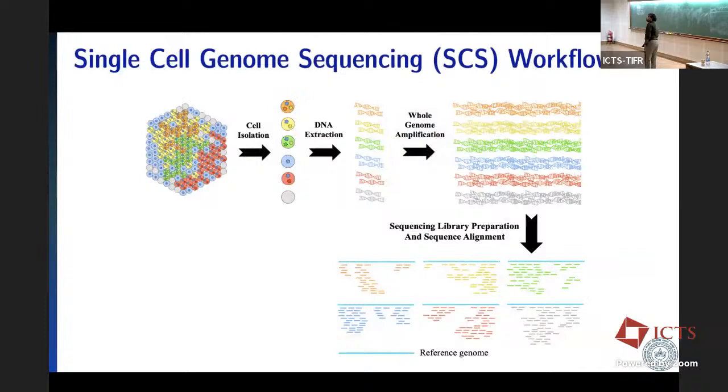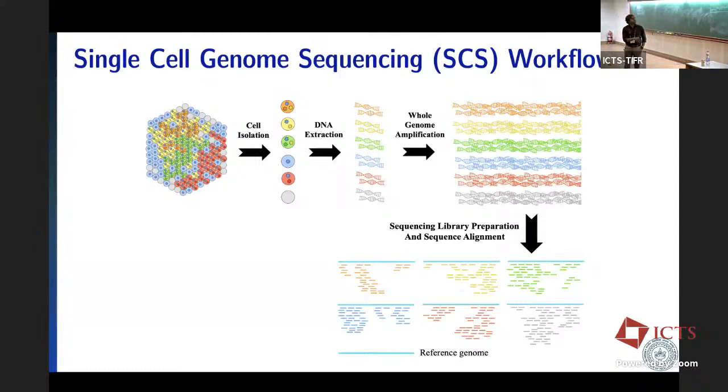So in order to go there, let us first try to understand single cell data a little bit better. What is exactly happening? This is again an illustration of the heterogeneous tissue. You isolate the cells, you extract the DNA. Now what is happening is you are ending up with picograms of DNA, which is not enough to prepare your library for sequencing.